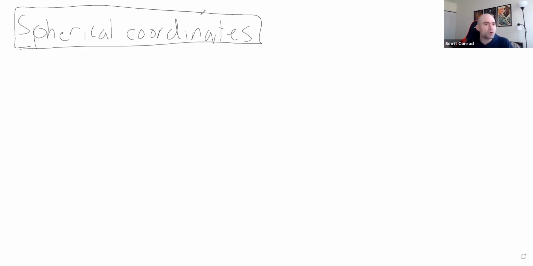So spherical coordinates are useful for, as the name would imply, integrating over regions bounded by spheres, and as we'll see, cones. Almost always, a sphere is going to be involved in the region if we're using spherical coordinates.